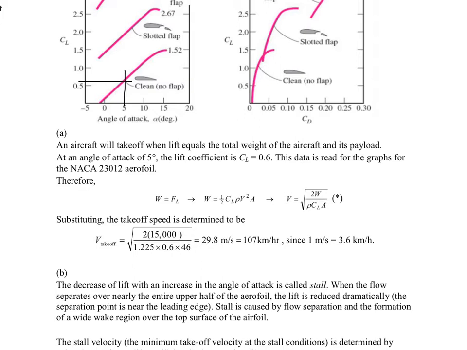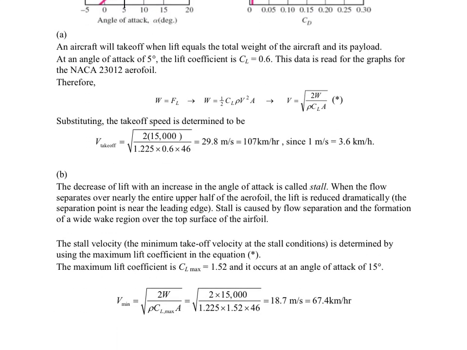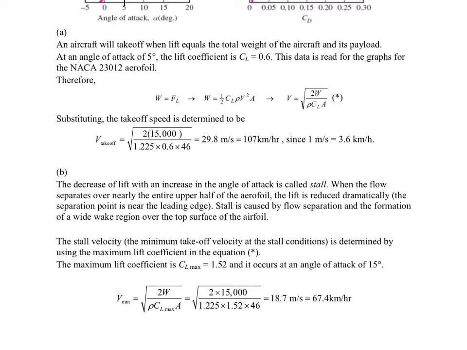Let's now look at the topic of stall, which was considered in the previous question, but all the same, let's go through it. The decrease of lift with an increase of angle of attack is called stall.